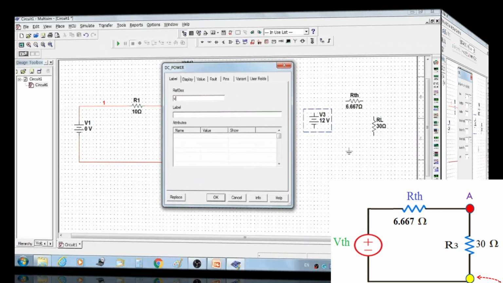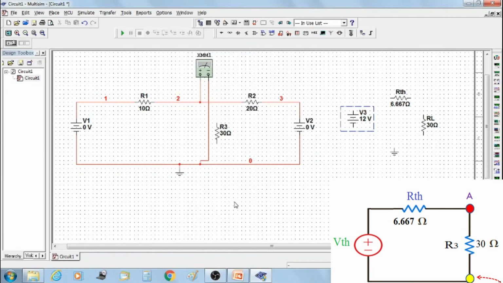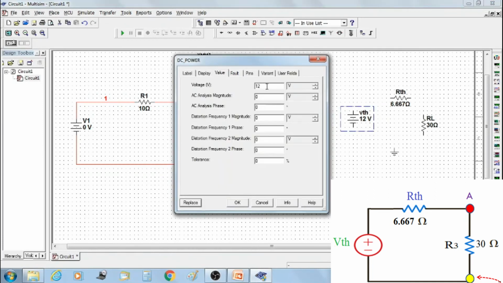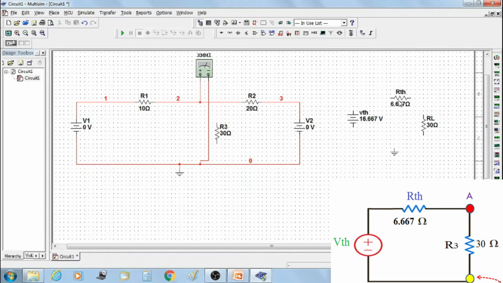We get the measured VTH value as 16.667. Here we are interested in measuring the current flowing through the Thevenin's voltage, resistor RTH and load resistance.